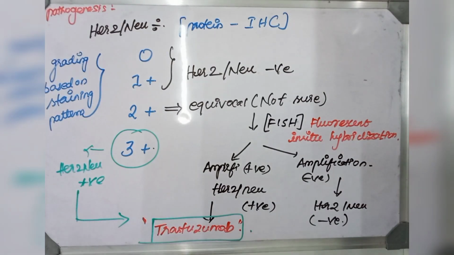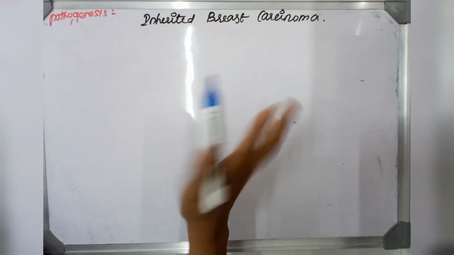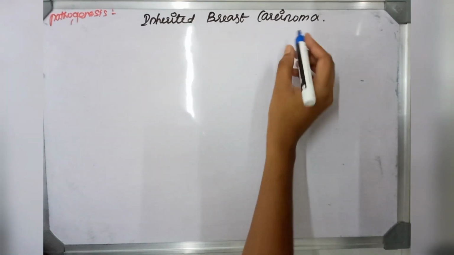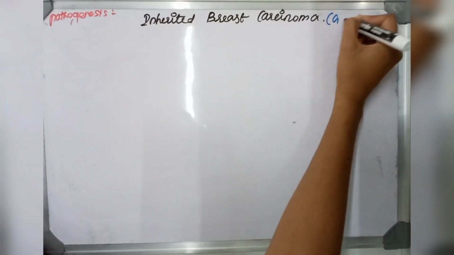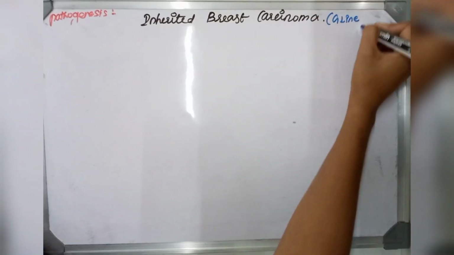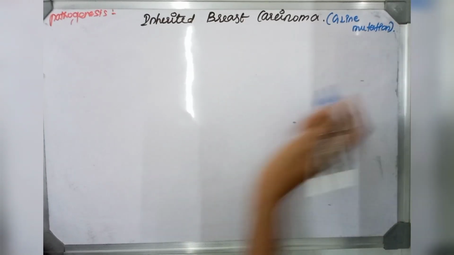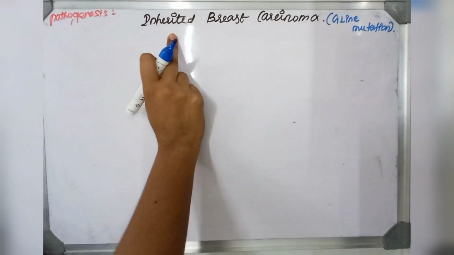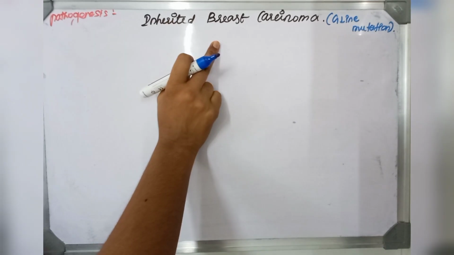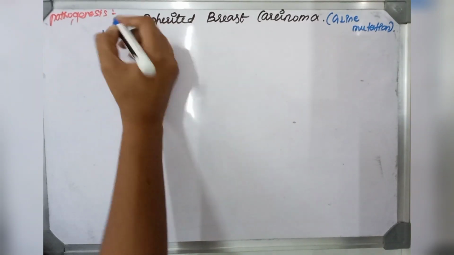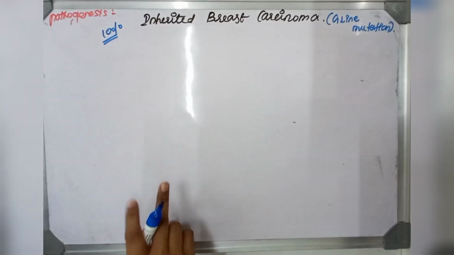So let us see about the inherited breast carcinomas. The inherited breast carcinomas, also called familial, occur due to germline mutations. That is germline mutation. This type, the inherited type of breast carcinomas, only occurs in about 10% of all the cases, and it has two hits.